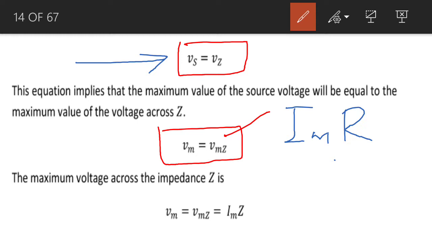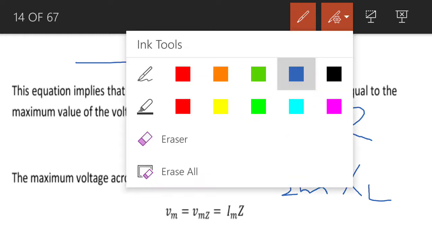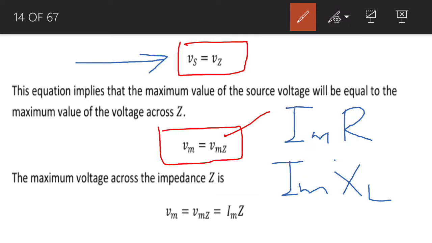Similarly, the maximum voltage across the inductor is equal to the maximum value of the current multiplied by the resistance of the inductor, which is known as inductive reactance, which is represented by XL. So this is how we calculate the maximum voltage across the resistor, and this is how we calculate the maximum voltage across the inductor.